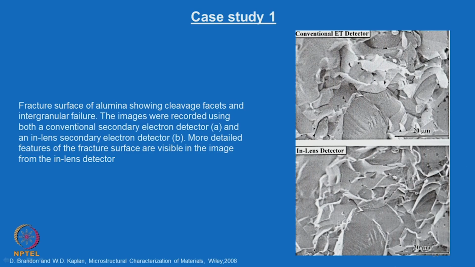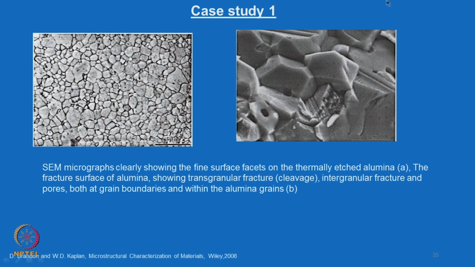That is why you can see the better contrast in this surface. Then I showed you the fracture surface of the thermally etched alumina, with intergranular and intragranular fracture and a pore inside the material. This is how we discussed case study 1.